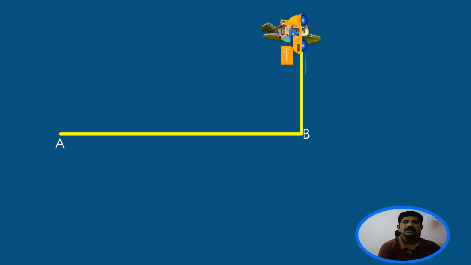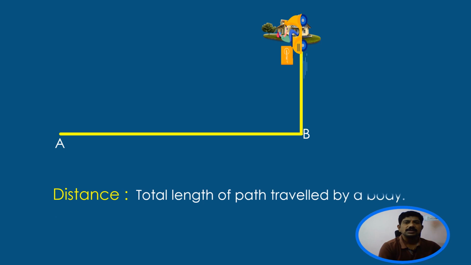So let us imagine the distance from A to B is 4 meters, and the distance from B to his house is 3 meters.